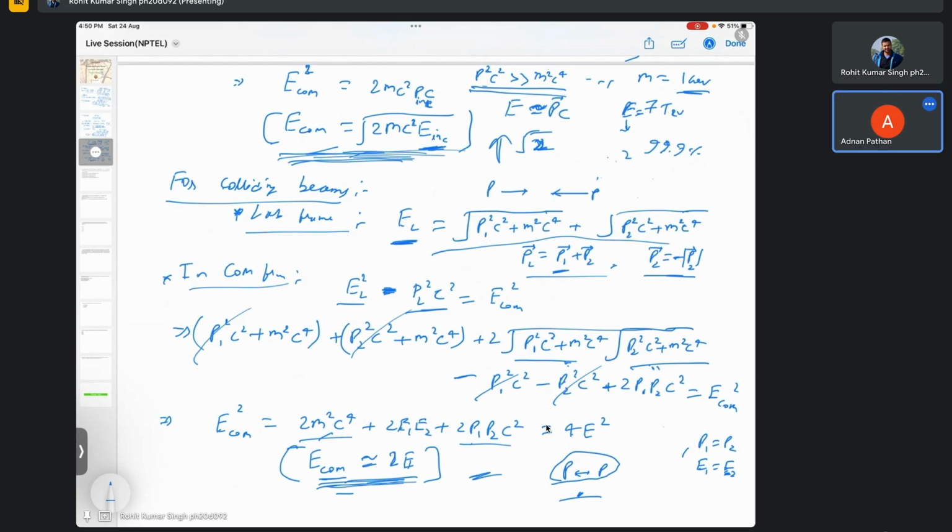One more thing is that experimentally you cannot calculate the 3 momentum of the proton which you are accelerating, but you can calculate the energy of the beam. This is what we have control over, the energy of the beam, not the 3 momentum of the beam.